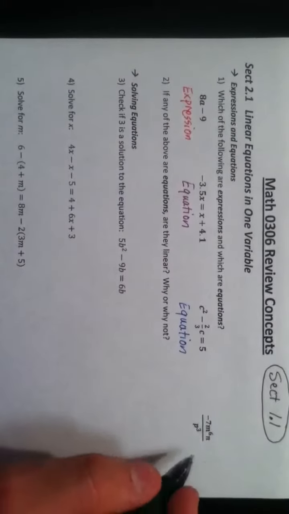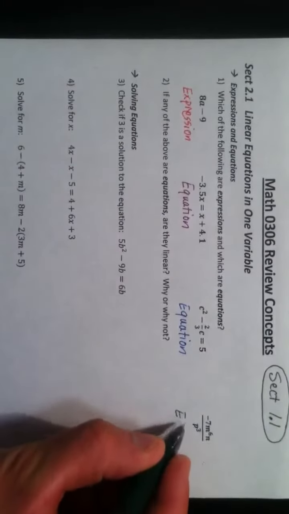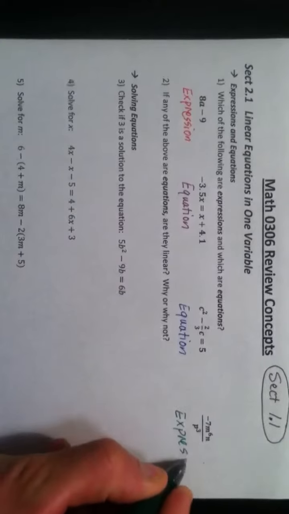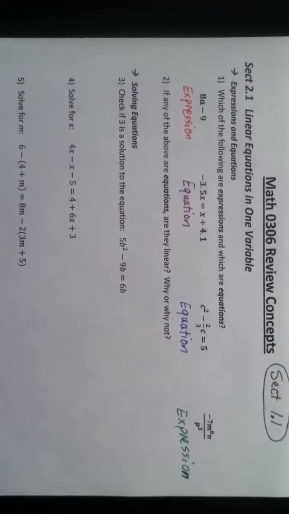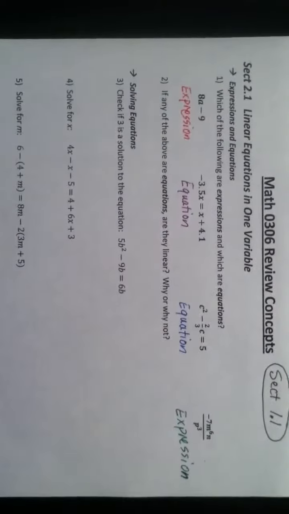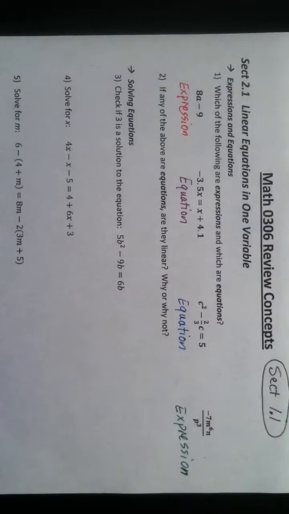The last example does not have an equal sign, that's simply just an expression. Negative 7m to the 6n over p to the third. That's just an expression involving numbers and variables. So, there's our first concept.